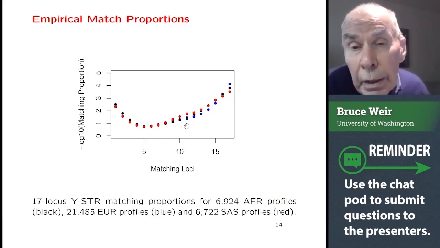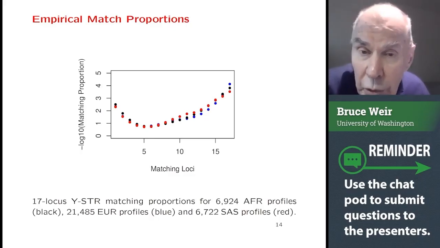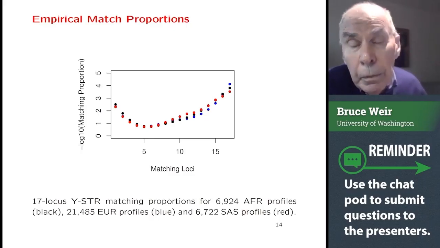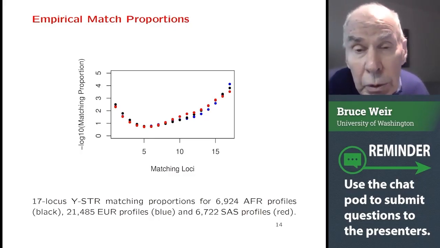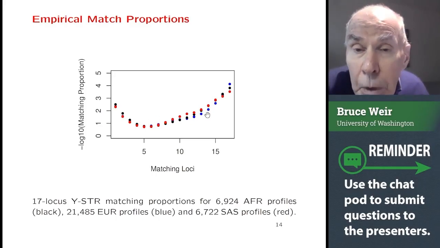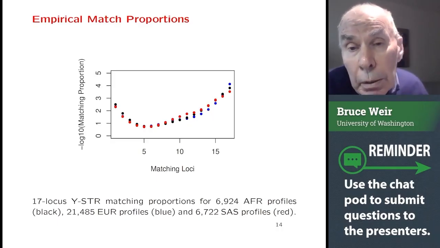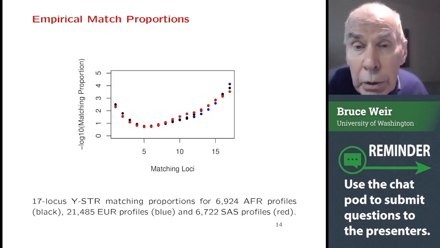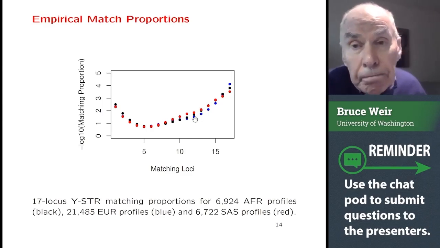Now we have the data, and we'll be able to do the interesting comparisons for the smaller populations, particularly those from indigenous groups. So we are building up a good understanding of Y-STR profile matching on a worldwide scale.